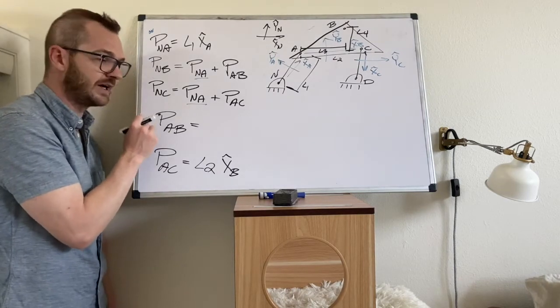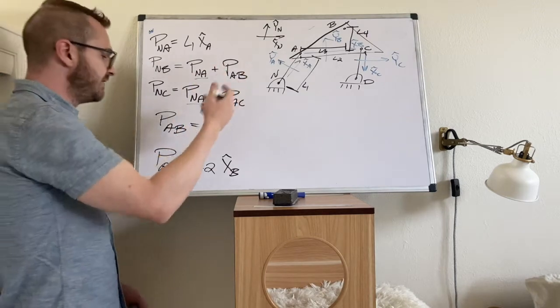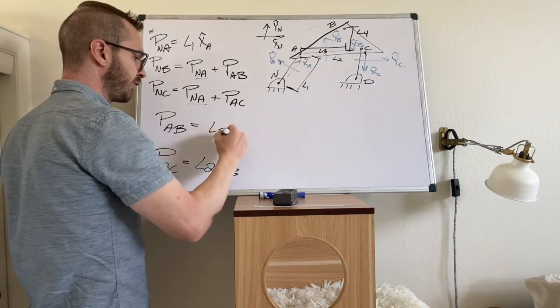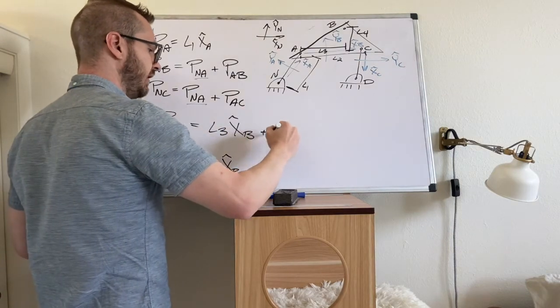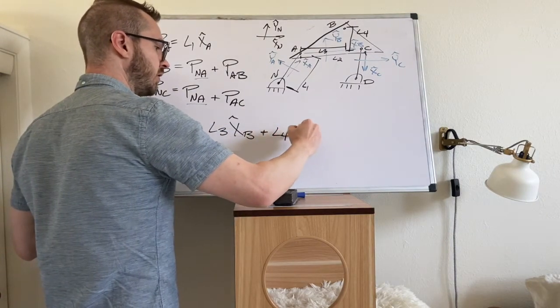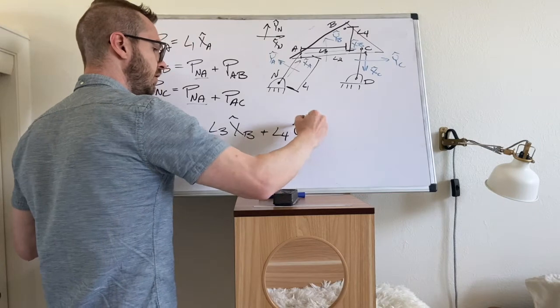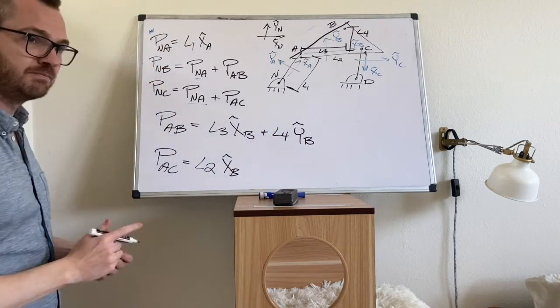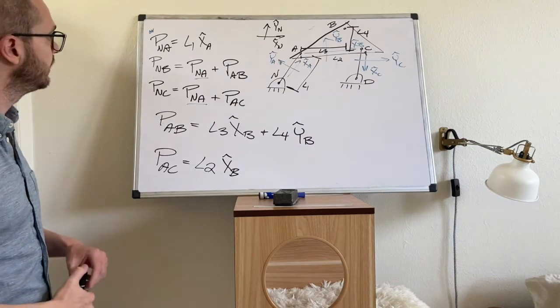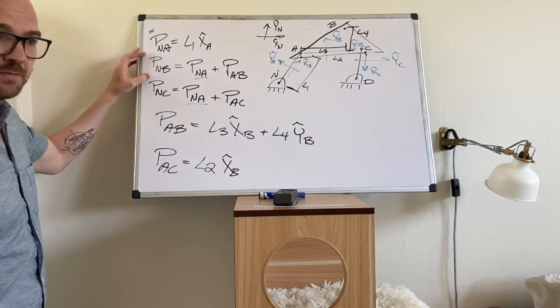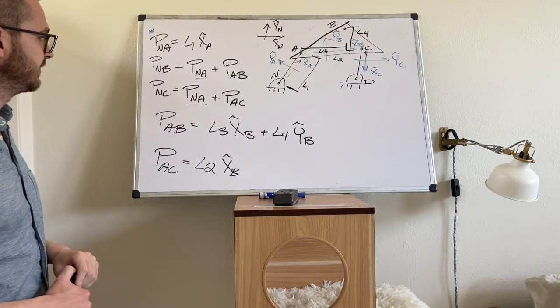So what's our position vector then, A to B? In this case, we would say L3 x_B plus L4 y_B. And that's it. Those are the position vectors. If you want to, you could go back and write the complete position vector for each of these.